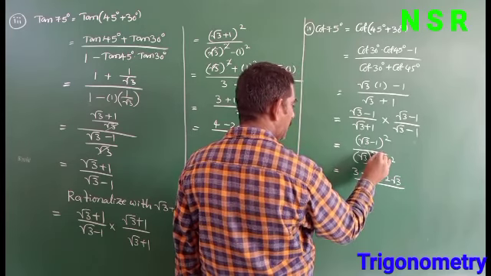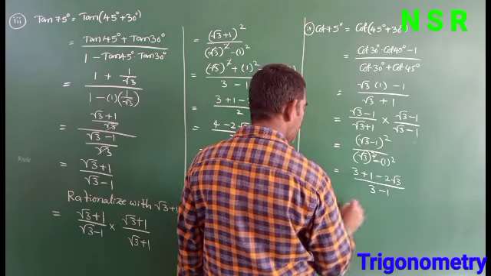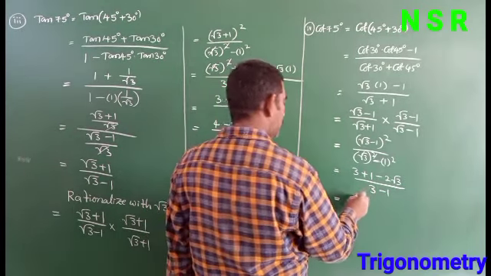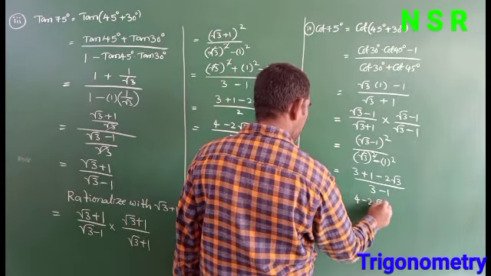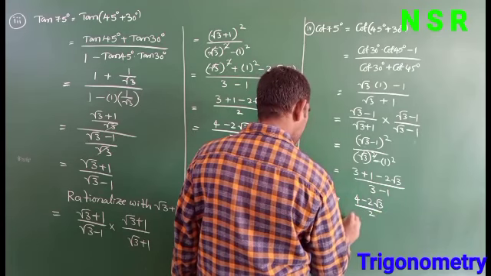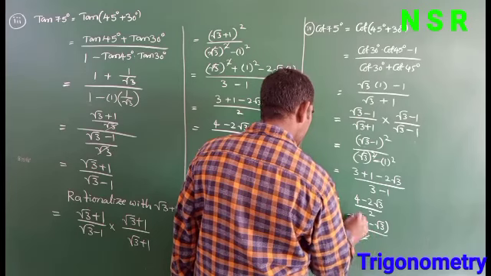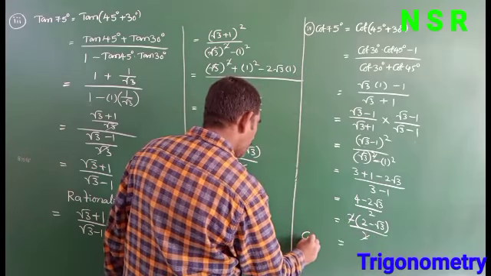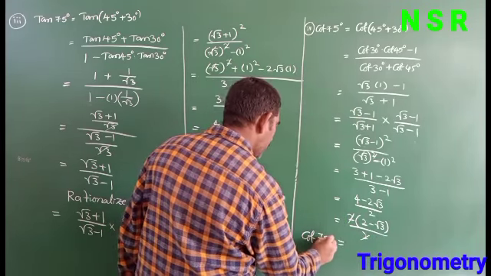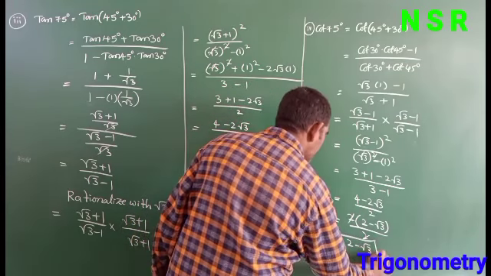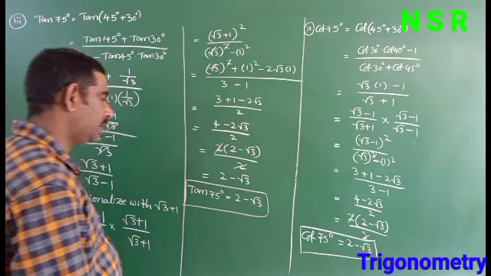Square root gets cancelled, 3 minus 1 square value is 1. So 3 plus 1 is 4, (4 minus 2 root 3) by 2. Take 2 common, we get (2 minus root 3) by 2, 2 gets cancelled. So cot 75 value is equal to 2 minus root 3. This is the value of cot 75.